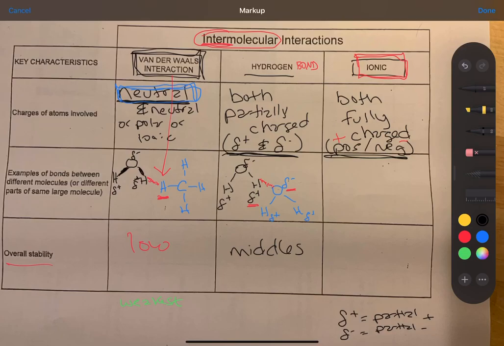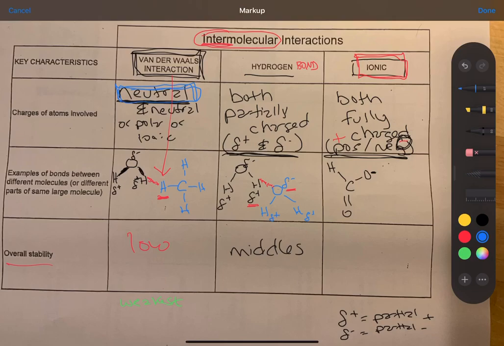And so if we want to then think about an ionic bond, let's think about maybe a carbon that's bound to an oxygen and a hydrogen, and then maybe an ionized oxygen here. So we've got a fully negative oxygen right there. And again, it's indicated by a full negative charge. That's your giveaway.